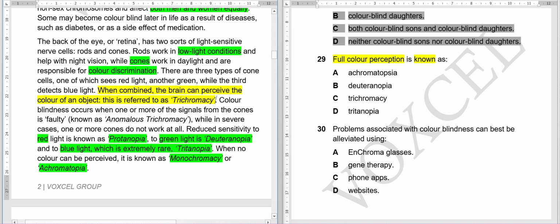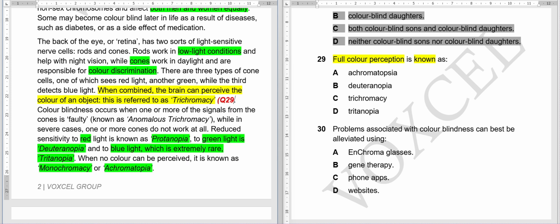Now I think the answer is quite obvious here, but still you will get around 10 seconds. Time starts now. Okay, time's up. So what's the answer to this particular question?